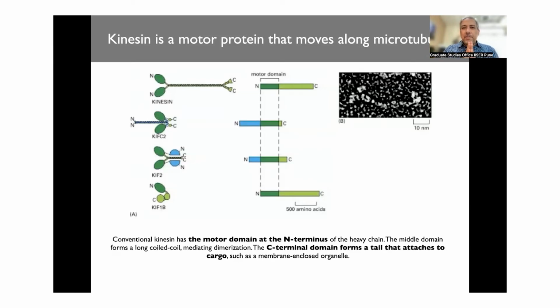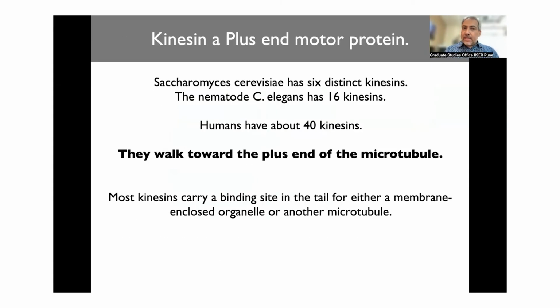You remember I mentioned this idea of everything in cells being controlled in the context of space and time, right? And a lot of that space and time control is mediated by these fine players. So having so many versions of myosins or kinesins could go a long way in allowing that to take place, right? The kinesin is essentially a plus-end motor protein.